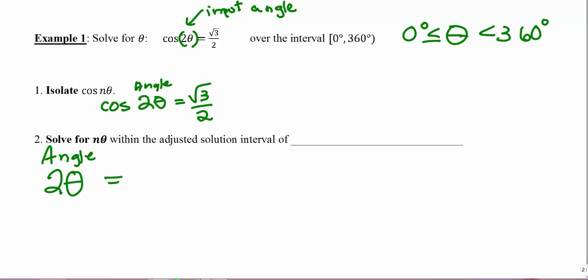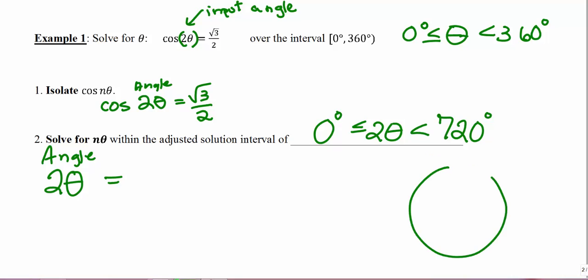So we first solve for 2 theta between, we're going to multiply everything through by 2. Multiply 0 by 2, I get 0. Multiply theta by 2, I get 2 theta. Multiply 360 by 2, we get 720. So we're going to solve for 2 theta, basically 2 rotations around the circle.